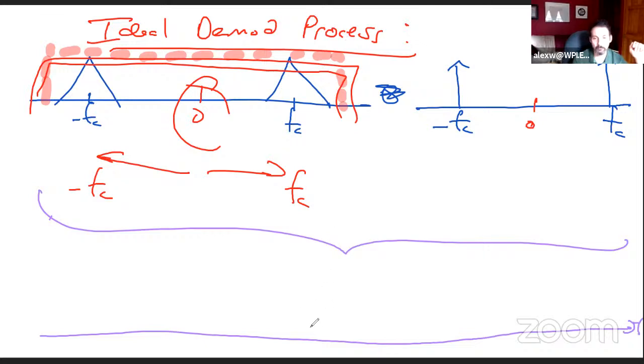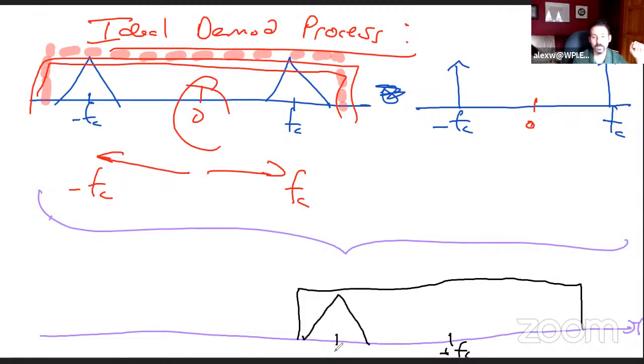One copy that's now centered at plus fc has a triangle located at 0, and we have another triangle, the double frequency term, at 2fc.